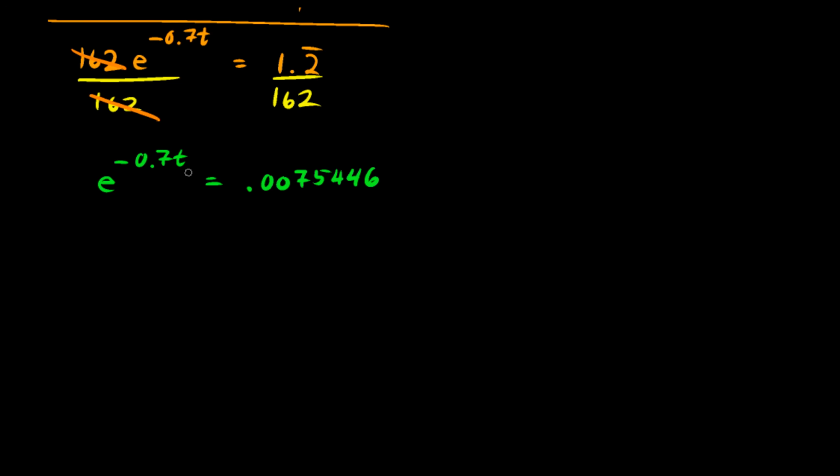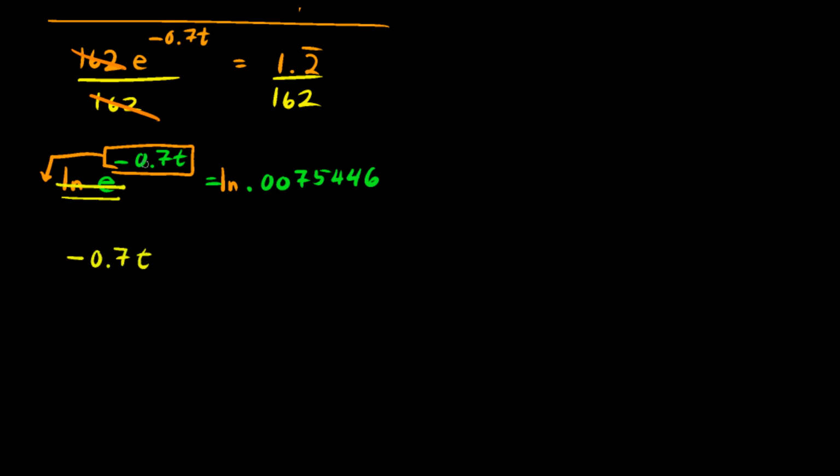Once you've gotten that done, you want to introduce ln on both sides and use the power rule. So I'll just put the ln here and here and show you that if I were to take this and use the power rule and put it in front, we're going to have ln of e all by itself. ln of e is 1, so that's going to just cancel out.